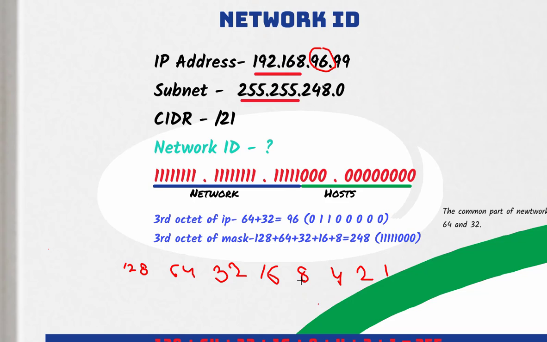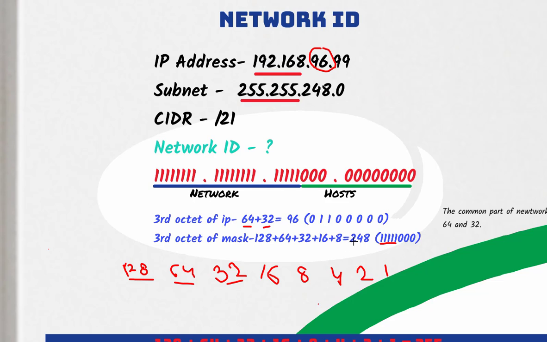So for the third octet of the IP, 64 is the second one. So the first one is 0, the second one is 1, and 32 means the third one is 1, and the rest of the bits are 0. Now if I take the mask, then 128 is the first one, 64, 32, 16, 8. So these are the 5 bits.